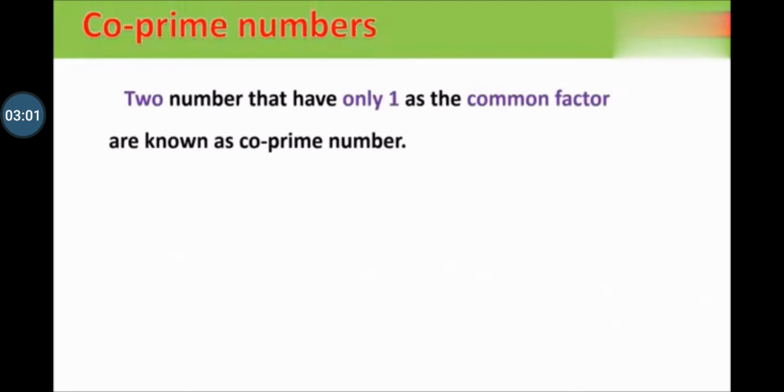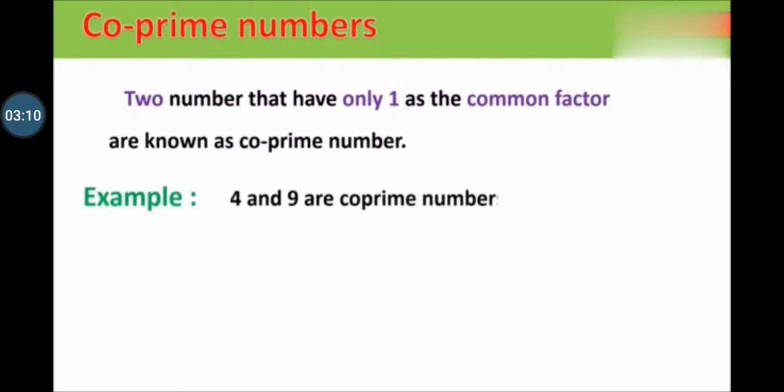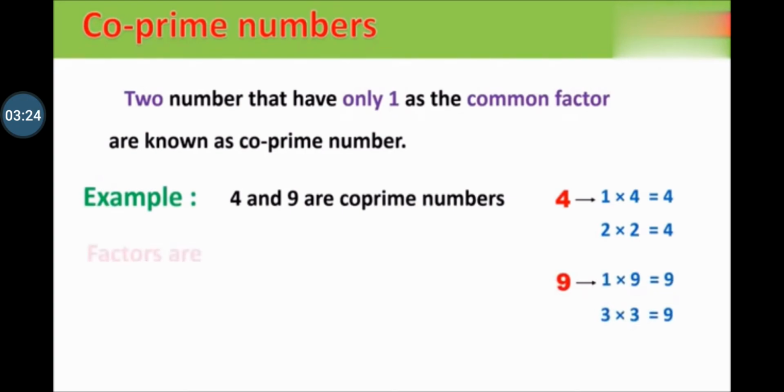Now let's come towards the co-prime numbers. Two numbers that have only one as the common factor, they are known as co-prime numbers. For example, 4 and 9 are co-prime numbers because when we list down the factors of 4, they are 1, 2 and 4, and the factors of 9 are 1, 3 and 9.